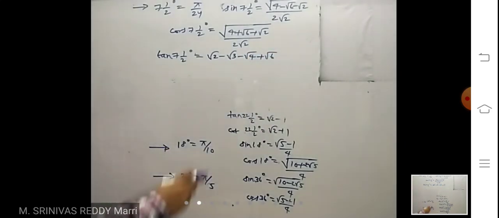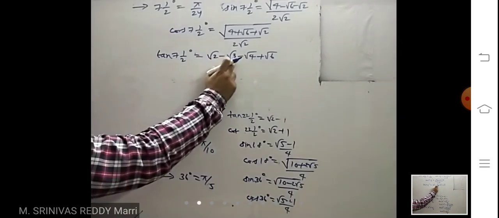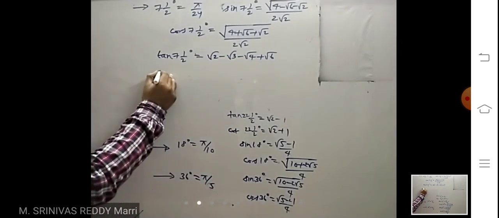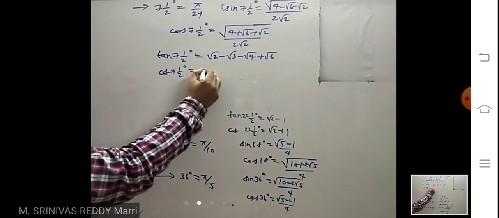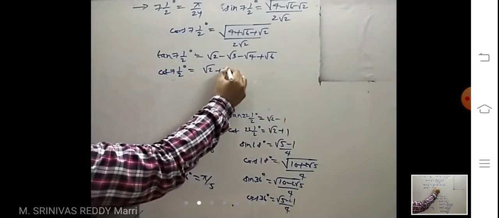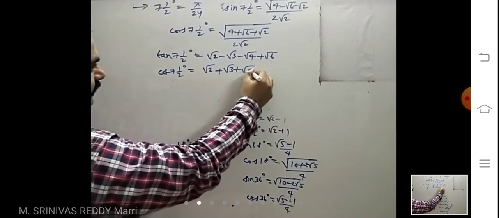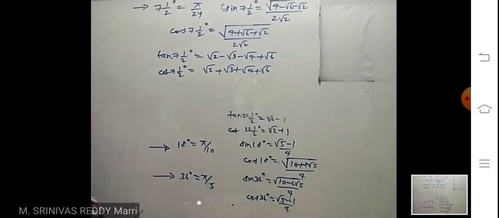Tan 7.5 degree is root 6 minus root 3 plus root 2 minus 2, and you remember this value.